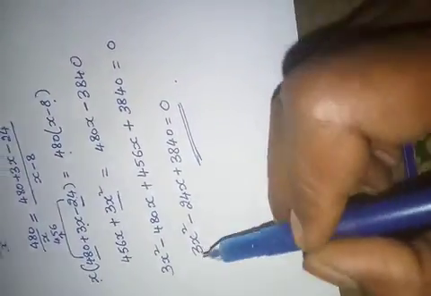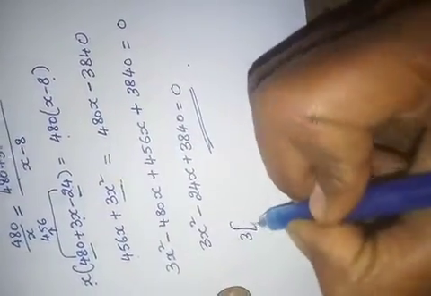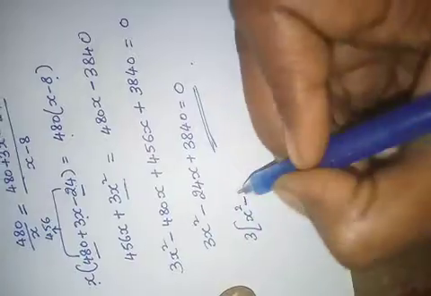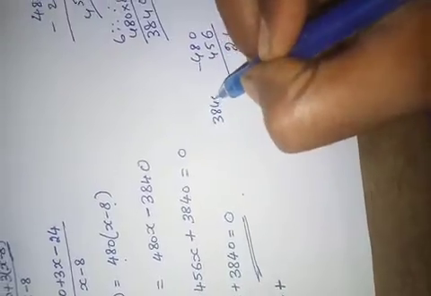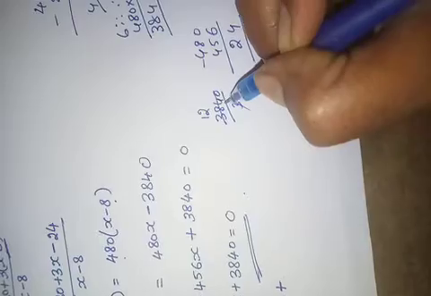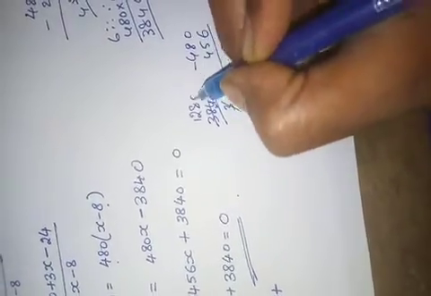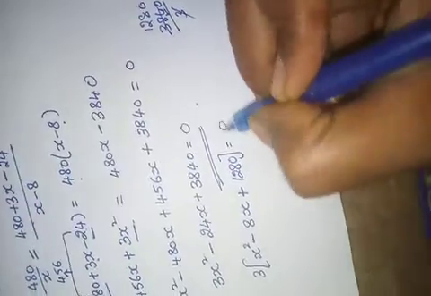Here if you want, take 3 as a common factor, what will it become? x square, minus 24 divided by 3 is 8x, plus 3840 divided by 3: 3 1s are 3, 3 2s are 6, 3 8s are 24, so 1280, equals 0.